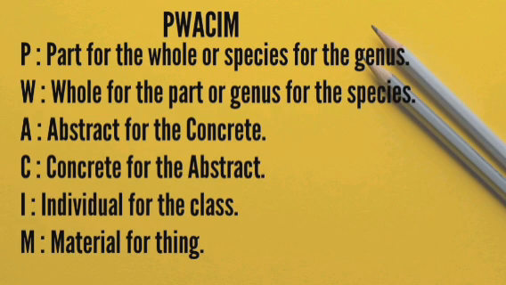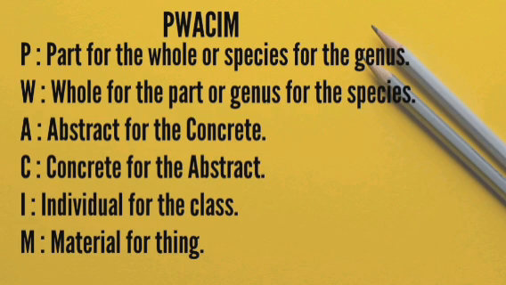The fatherly feeling always stays within the heart of a prince. The father figure will not actually be in the heart of the prince, but the feelings of the father, the fatherly feelings, will always be there. So this is abstract for the concrete and concrete for the abstract. A and C of Synecdoche.